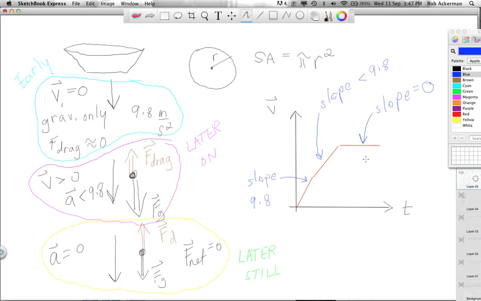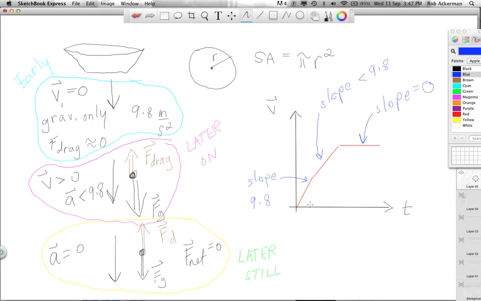And so what you're going to see in your textbook are some questions where they ask you to imagine that this is what's happening, and they ask you the kind of questions that we've already solved in part 1 of the video, but with different characteristics of a VT graph.